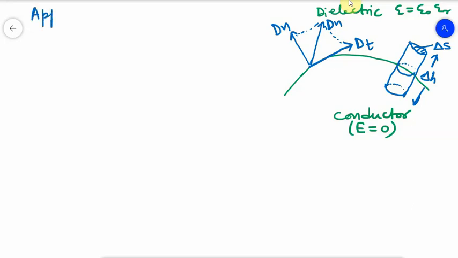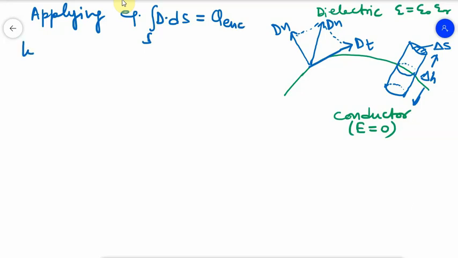So here also we will do the same, applying the equation D dot dS equals charge enclosed to the cylindrical Gaussian surface.